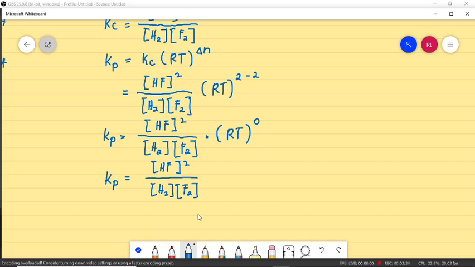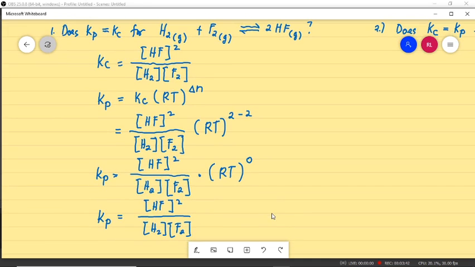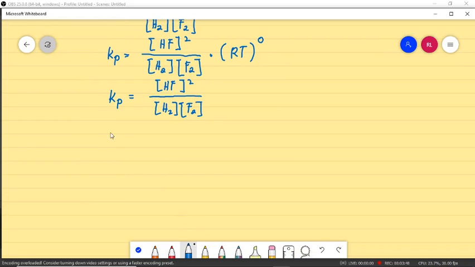So notice that this expression is also equal to the expression for K sub C. Okay, therefore, in this case, the answer is K sub P is equal to K sub C.